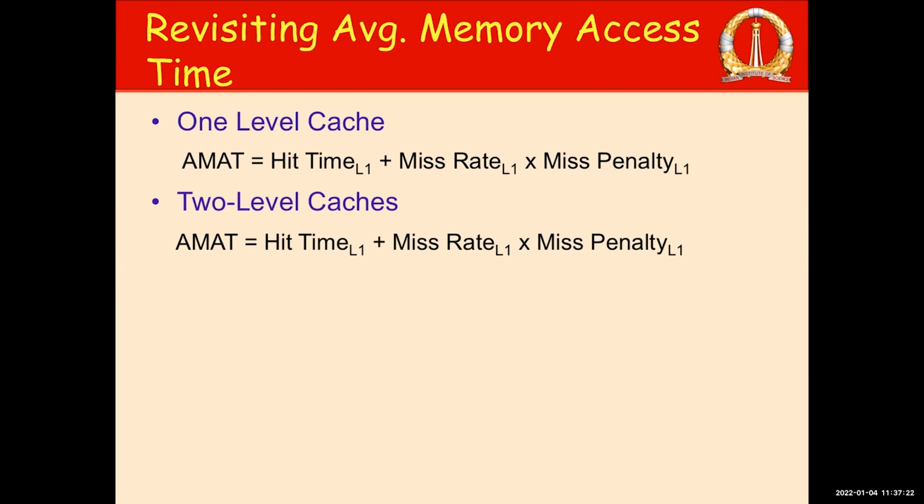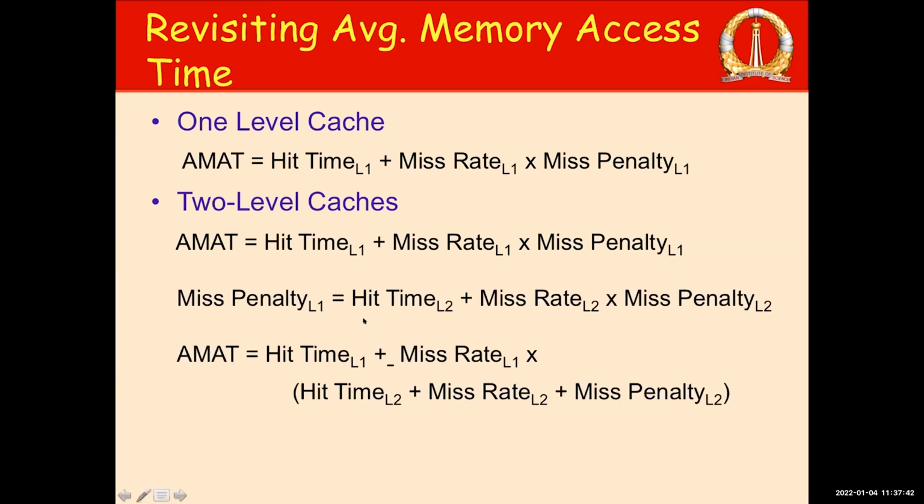It can still be looked at in the same way as for one level of cache. The only thing is that this miss penalty of L1 is no longer the miss penalty of getting the data from the memory, because it could also be satisfied from the L2 cache. Therefore, the miss penalty of L1 is actually the hit time of L2.